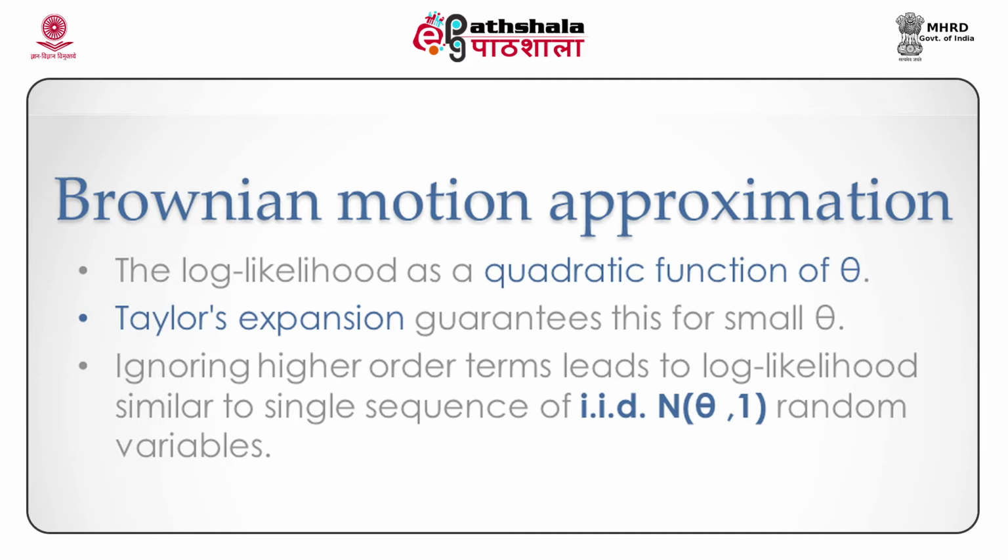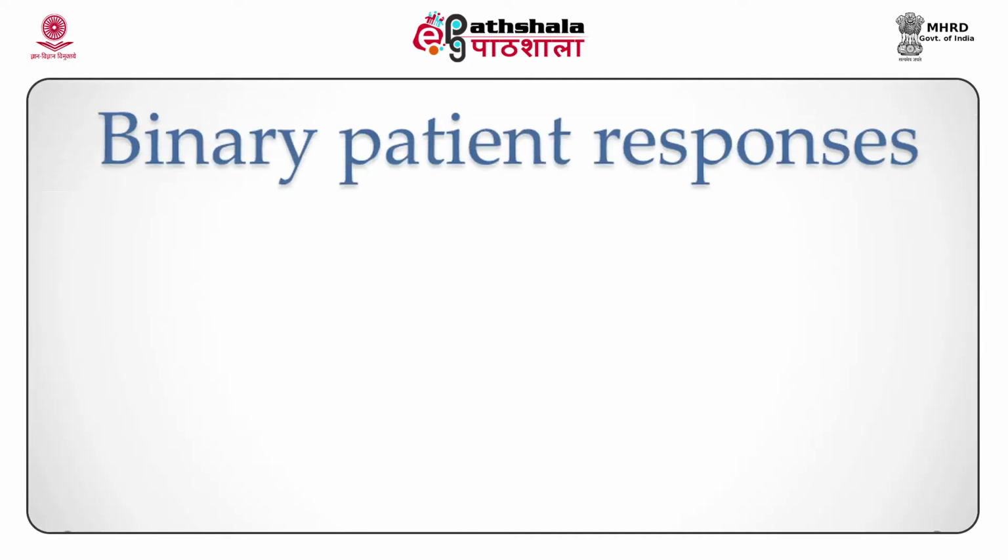Now, consider the case where we have binary patient response, that is, response is either of the form success or failure. If we denote by PE and PC the probability of success on the experimental treatment E and the control treatment C, then this slide gives three alternative choices of the parameter theta.